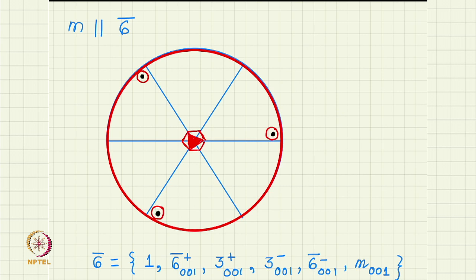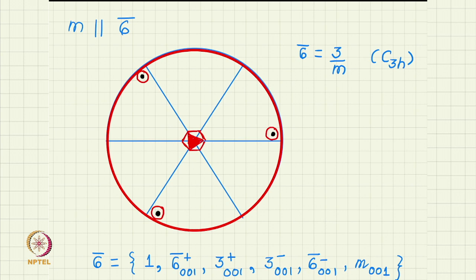We have seen 6 bar in part 6, and there we also saw that 6 bar was equivalent to a 3-fold with a perpendicular mirror. In fact, the Schoenflies notation for 6 bar is C3H, horizontal mirror. So, we have a 3-fold axis and a horizontal mirror.